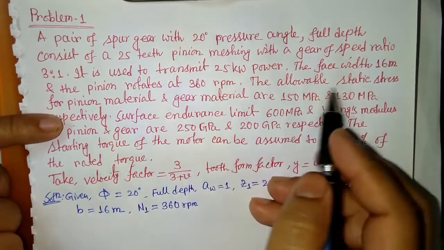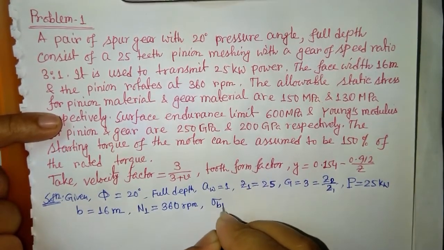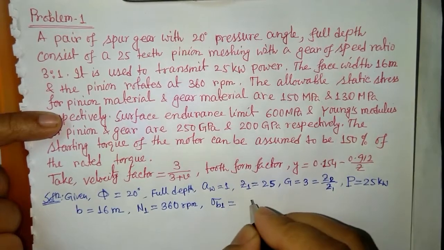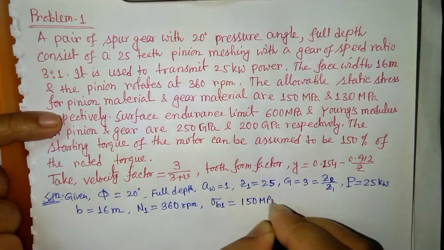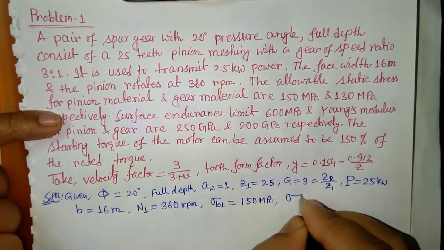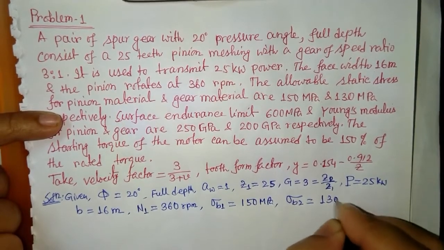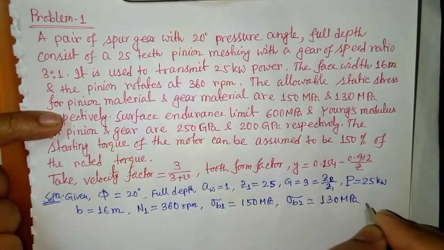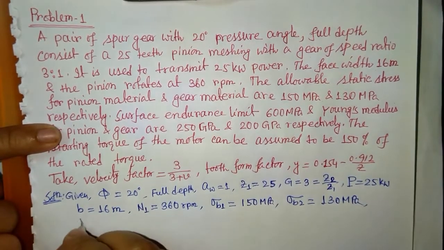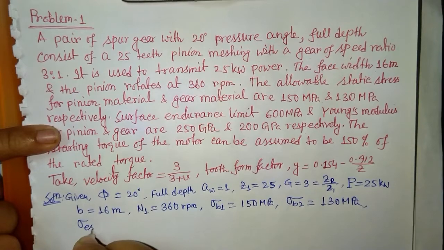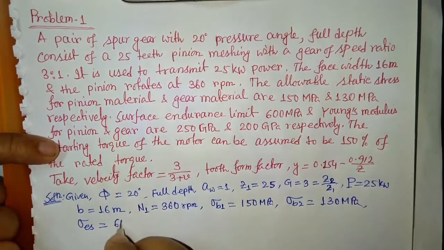The allowable static stress for pinion, sigma B1, is 150 megapascal and sigma B2 is equal to 130 megapascal. Surface endurance limit, we know that surface endurance limit sigma ES is equal to 600 megapascal.